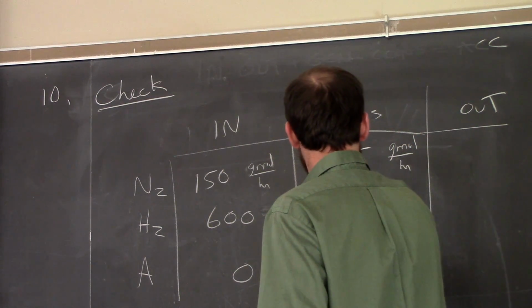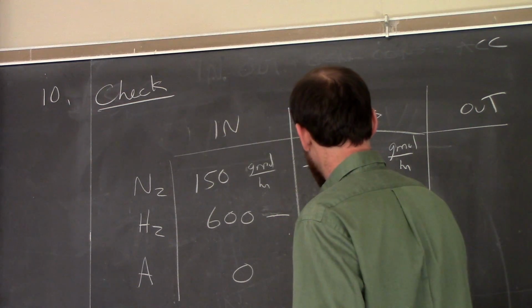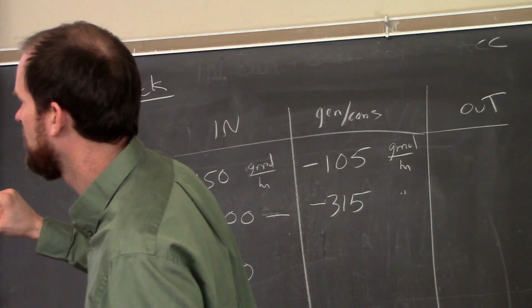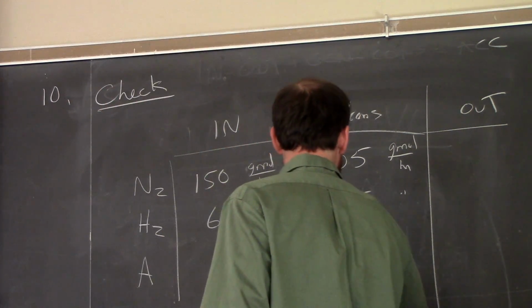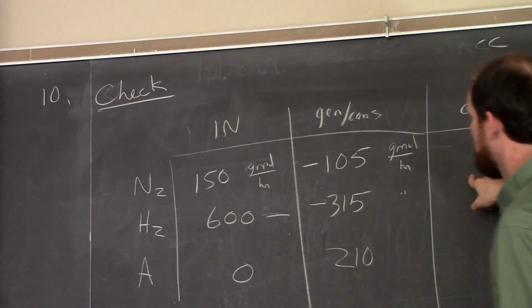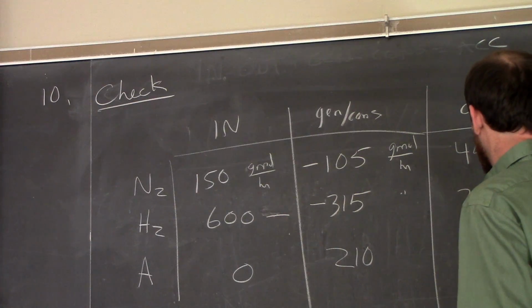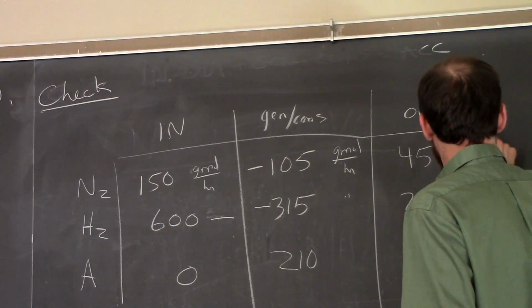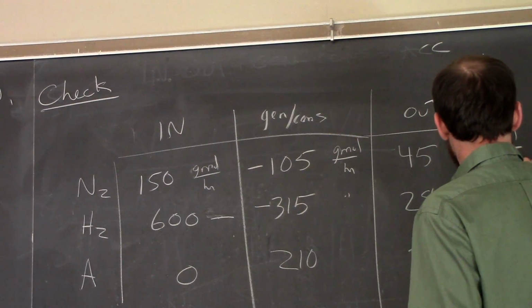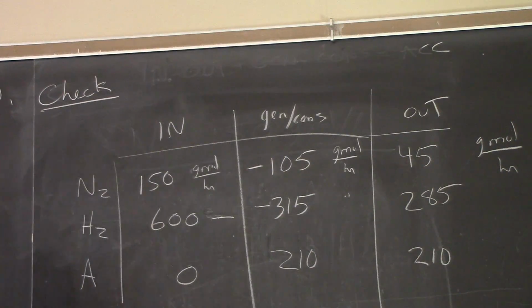Hydrogen, 315. Ammonia, 210. And then the output: 45, 285, 210 gmoles per hour.